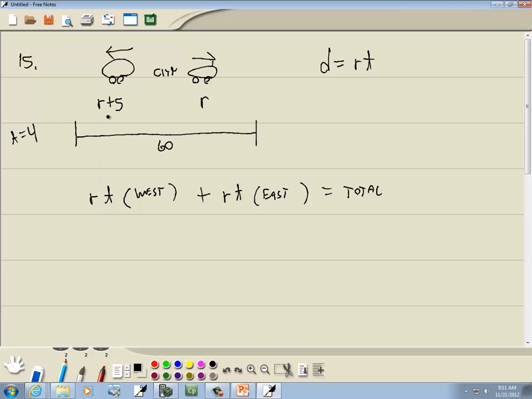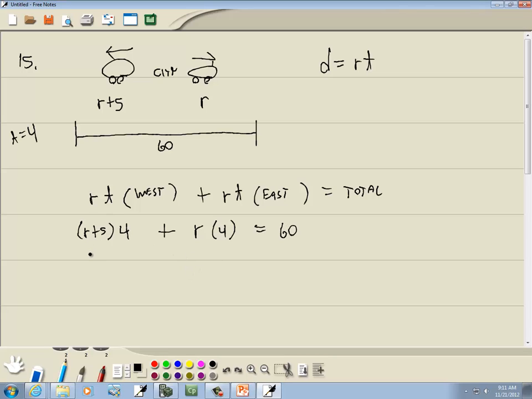Well, the rate of the westbound was r plus 5 times time, which they told us was 4 hours, plus this is r times time, which again they told us was 4, equals our grand total, which was 60 miles apart.